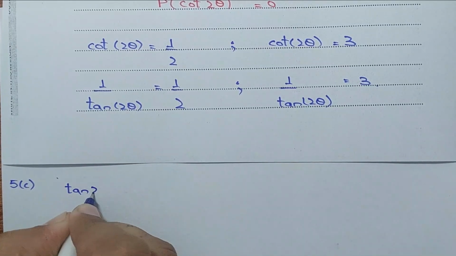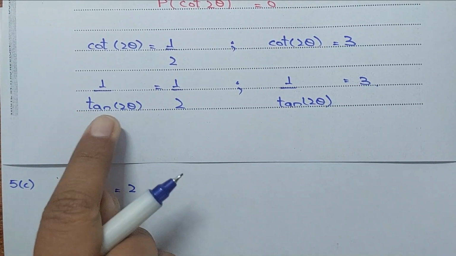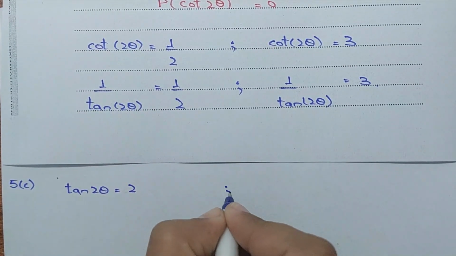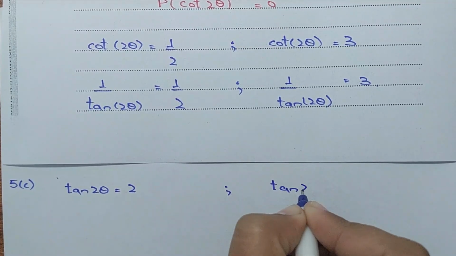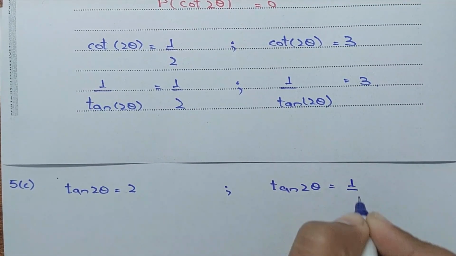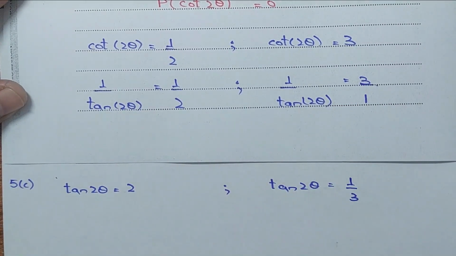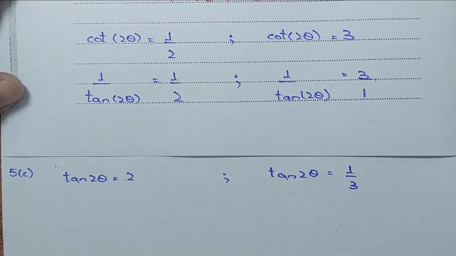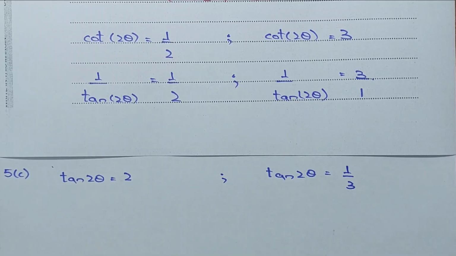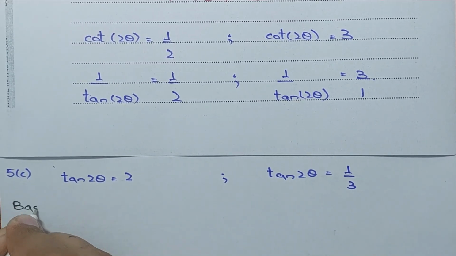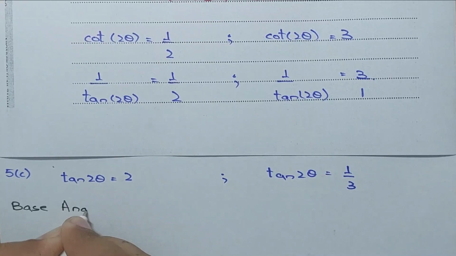So tangent 2 theta is 2, the reciprocal of this and this side. And the other case is tangent 2 theta is 1 over 3. We can say this is 3 by 1. So the reciprocal of 3 by 1 is 1 by 3, right? Now here we have to figure out what is the base angle, right?